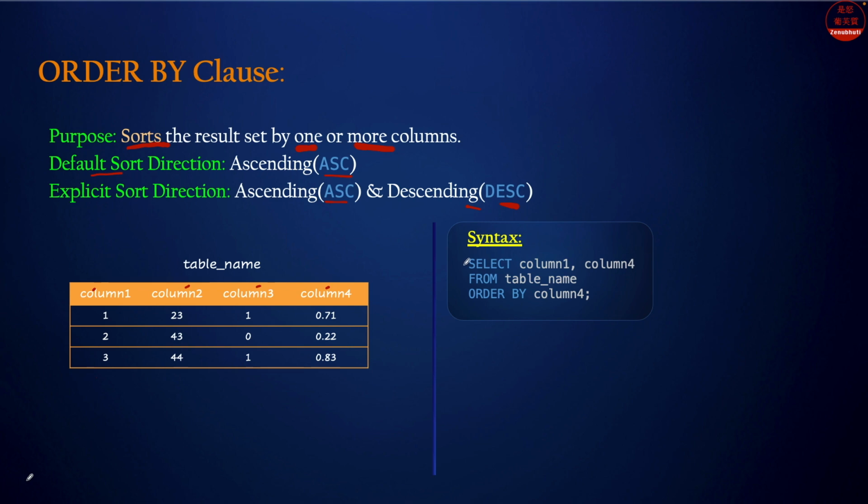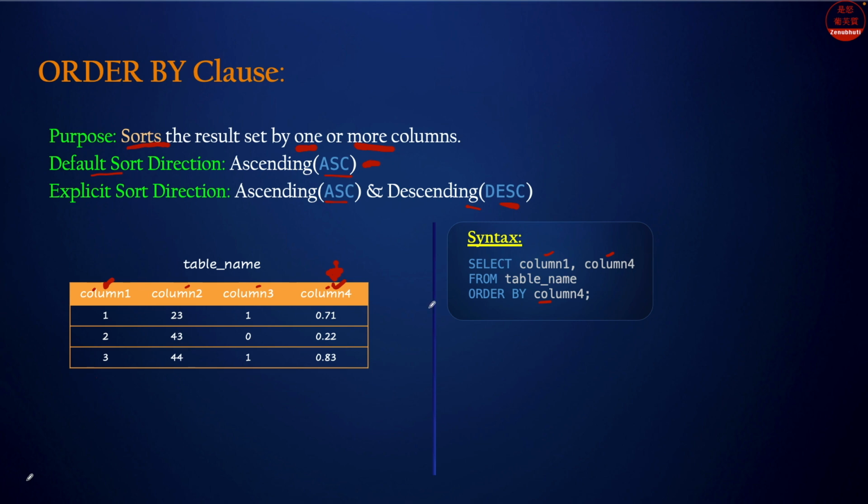You are saying here SELECT column 1 and column 4 from this particular table, and you're going to use ORDER BY, sorting based on column 4, so you will use this particular column to sort the data. When you do not mention anything, your default sort direction is ascending order.